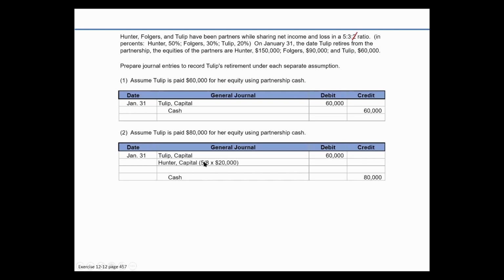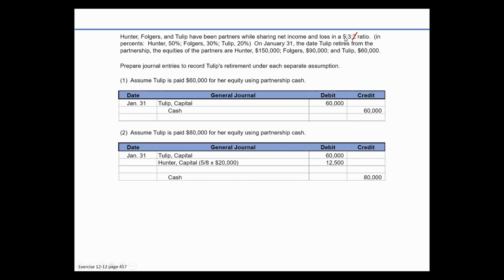So Hunter Capital, we would have to debit that 12,500, and so that would be 5/8 multiplied by the $20,000 difference. And the reason for that is we wouldn't worry about her.